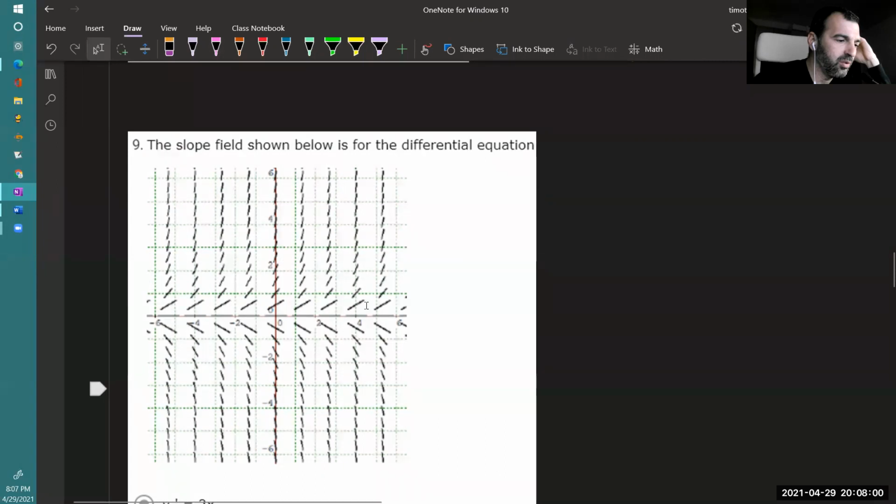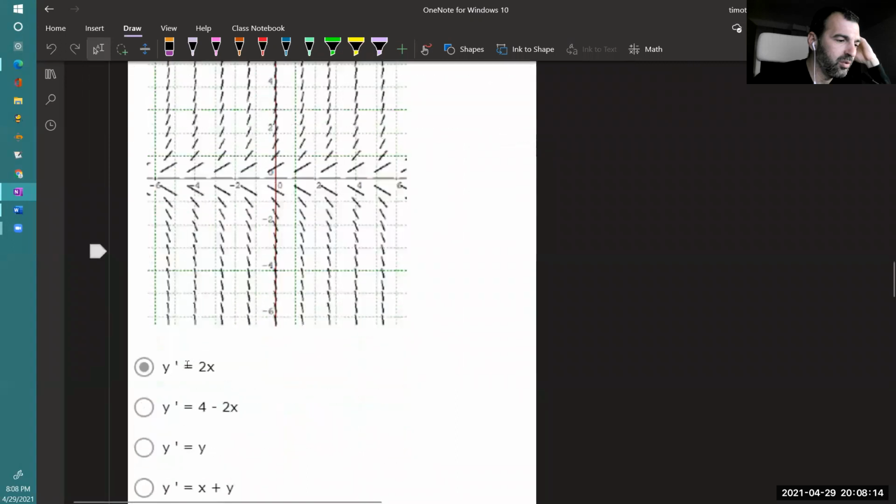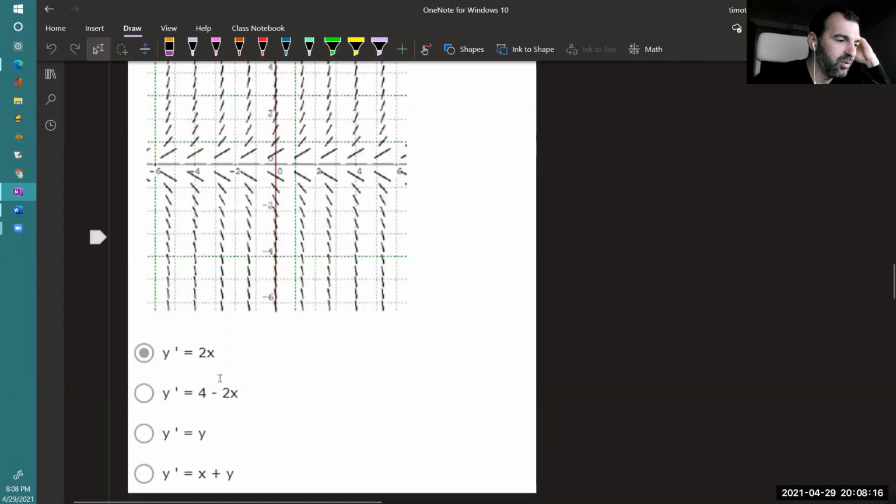I keep saying that wrong. The slope field has parallel slopes in rows. That's what I probably should be saying. And that means I have to choose a differential equation with no x's in it. So that would be this one here, okay? That one there.